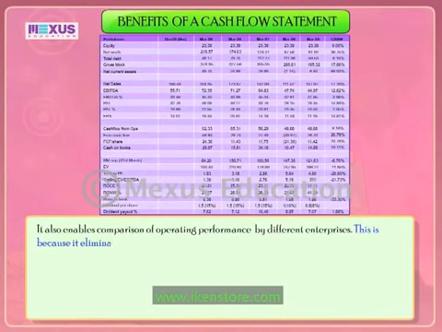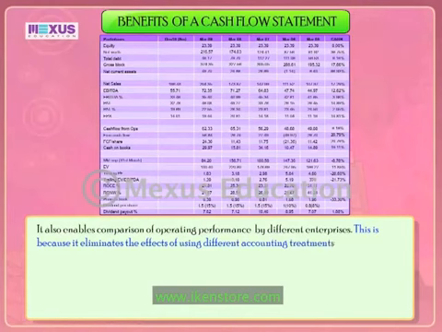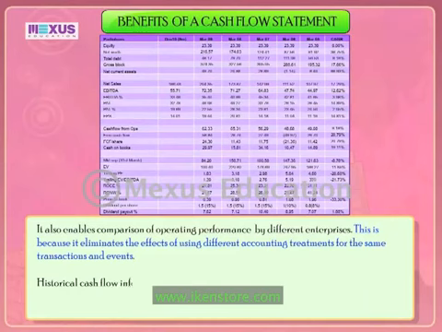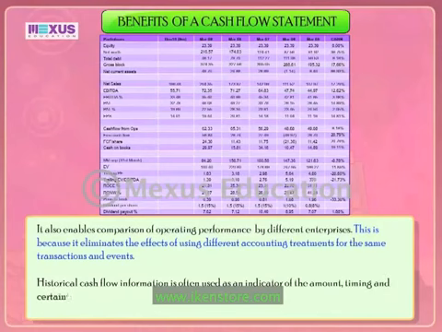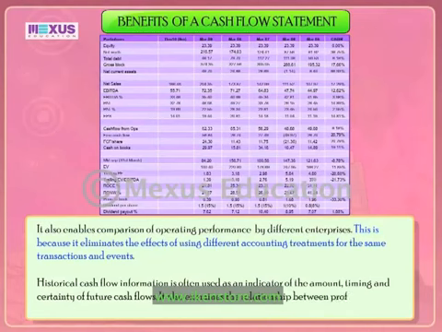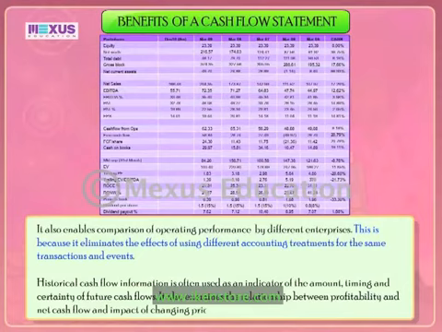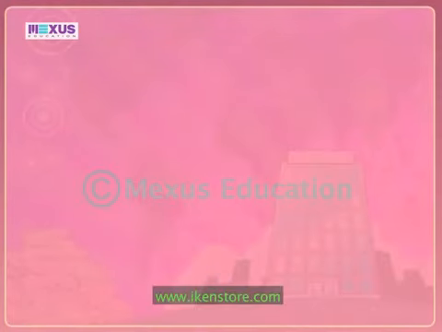This is because it eliminates the effects of using different accounting treatments for the same transactions and events. Historical cash flow information is often used as an indicator of the amount, timing and certainty of future cash flows. It also examines the relationship between profitability and net cash flow and impact of changing prices.